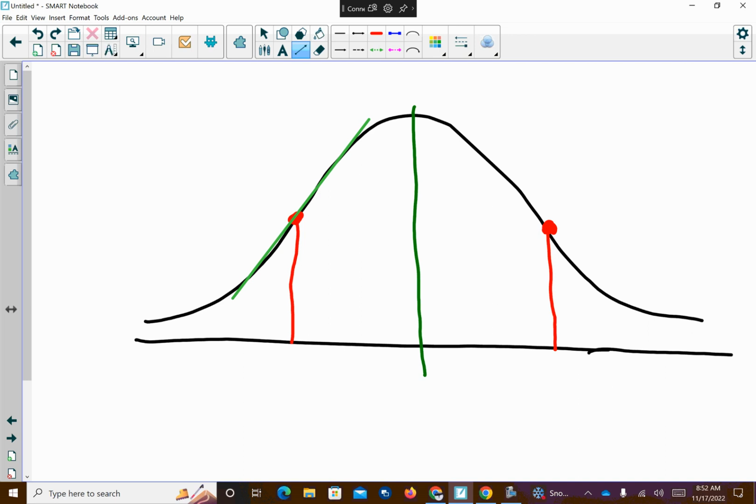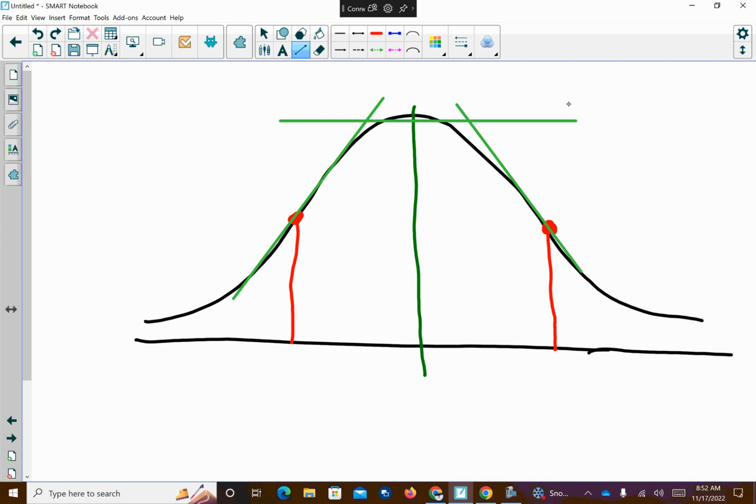If you had something like this, then the slope over here would be a positive slope and the other a negative slope, but they would still have the same amount of rise compared to the amount of fall. Okay, so it's symmetric about itself. Whereas if you found the mean, the slope at the mean is just going to be 0.